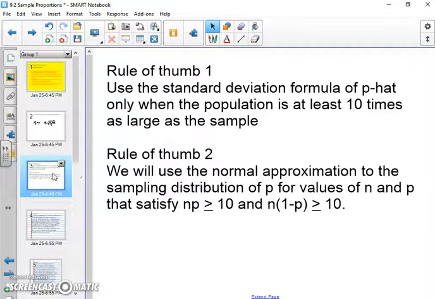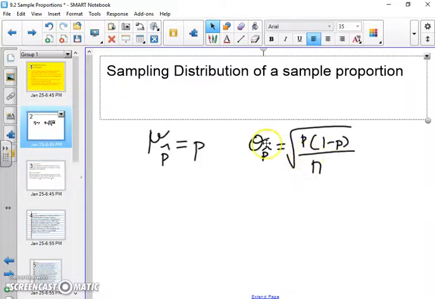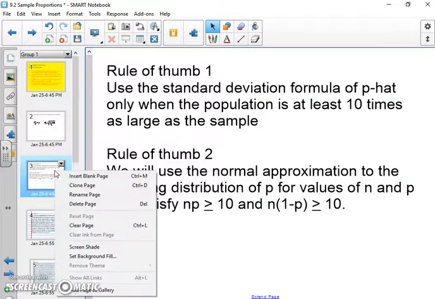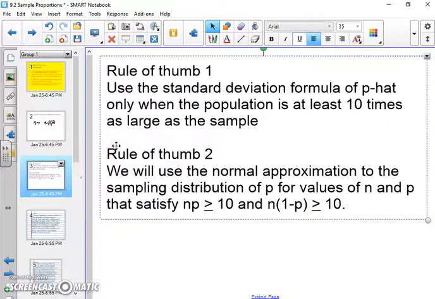Now there are going to be two rules of thumb that you're going to want to follow. The first rule of thumb is you're only allowed to use the standard deviation formula, this one, when the population is at least 10 times as large as the sample. For example, let's say my sample happened to be the heights of 10 young women.